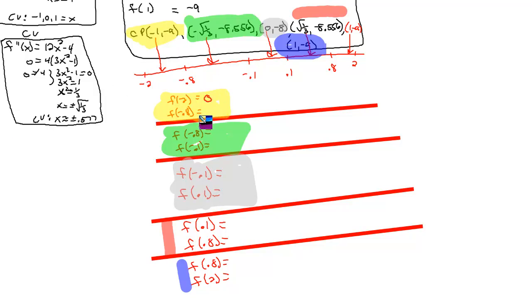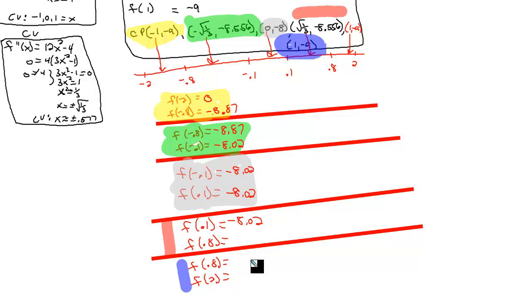I get a 0 for this, -8.87, -8.02, -8.02. Notice the symmetry here. That means this graph is symmetric with respect to the y-axis.